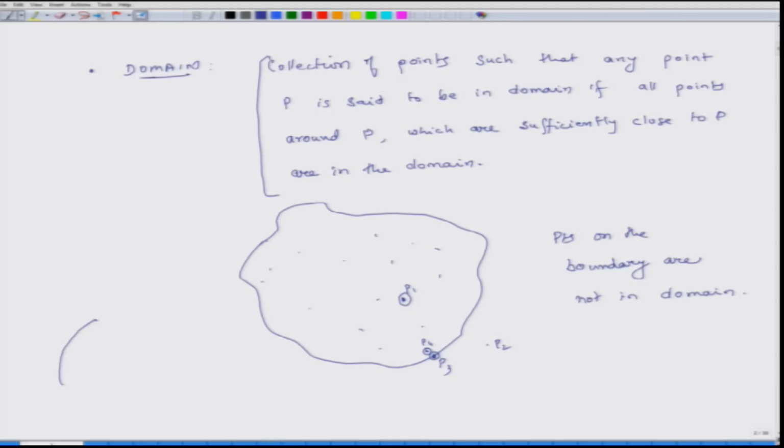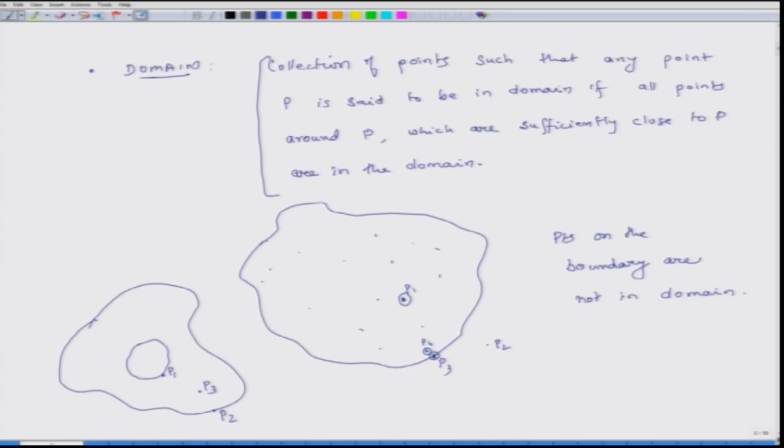Another, so this is another case: it could be a domain and it could have an internal boundary. So, it could have an internal boundary and an external boundary. So, then points which are here, let us say this point P1, this is not in the domain, point P2, this is not in the domain, but point P3, it is in the domain.